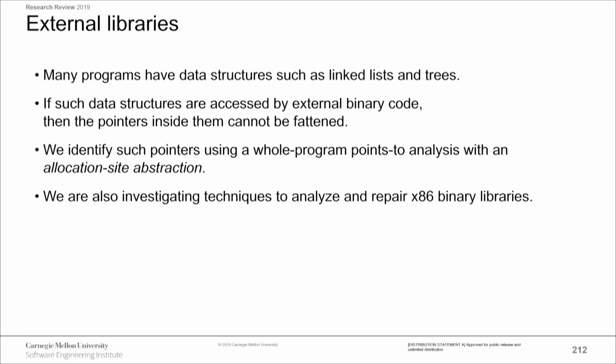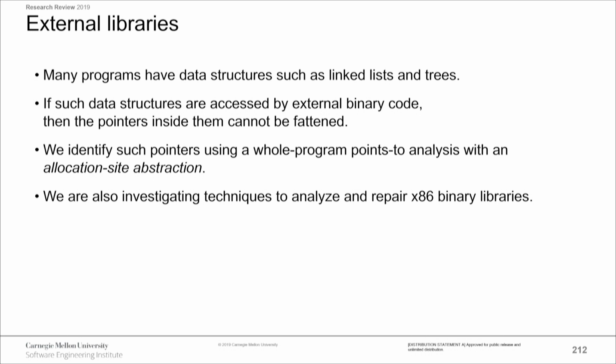So many programs have data structures such as linked lists and trees. Now, if such data structures are accessed by external library code, then we cannot fatten those pointers because the external library depends on the original memory layout of the program, and if we fatten the pointers, well, that changes the memory layout.